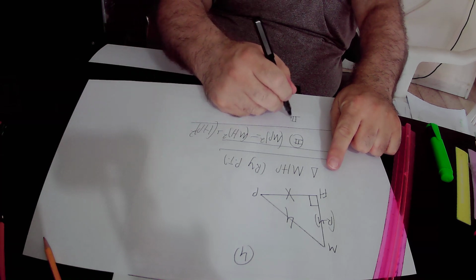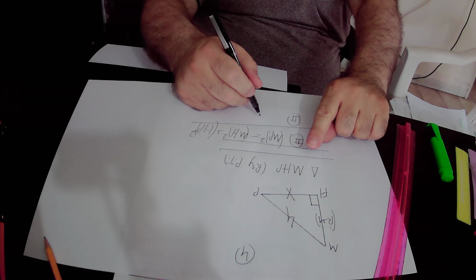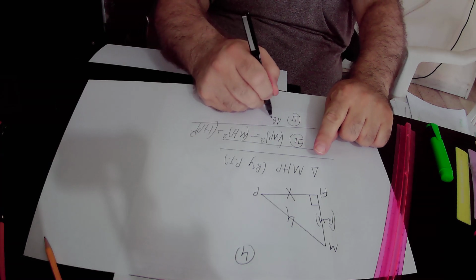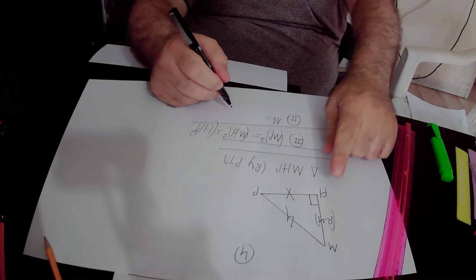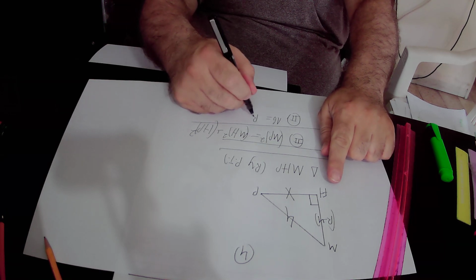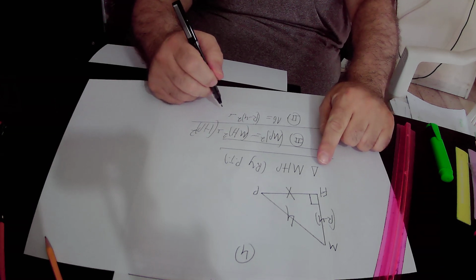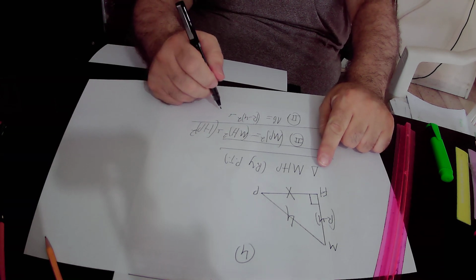Okay, so I found out that MP is 4, so MP square is 4 squared, that is 16, and it equals MH square. MH is R minus 4, so MH square is R minus 4 squared, plus HP square. HP equals X, so HP square is X squared.